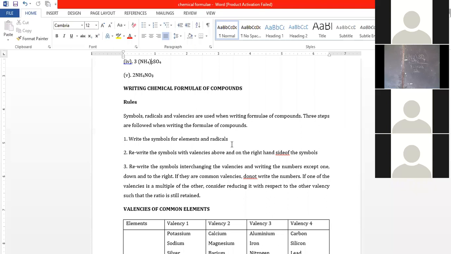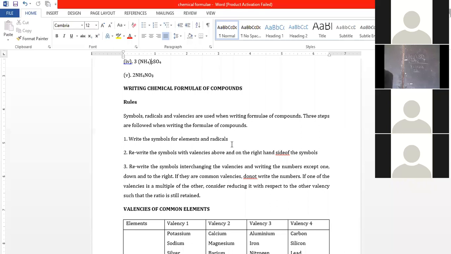Symbols, radicals, and valences are used when writing formulae of compounds. Three steps are followed when writing the formulae of compounds. Write the symbols for elements and radicals. We write the symbols with valences above and on the right-hand side of the symbols.